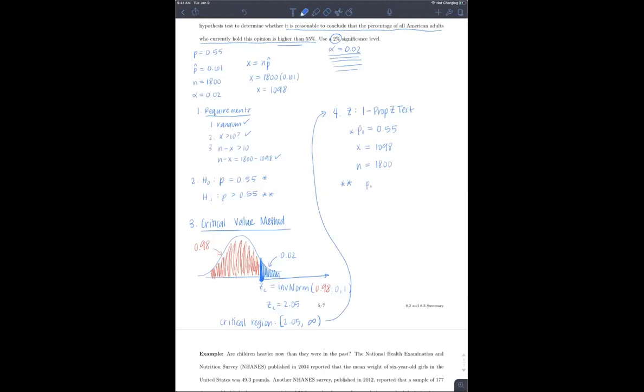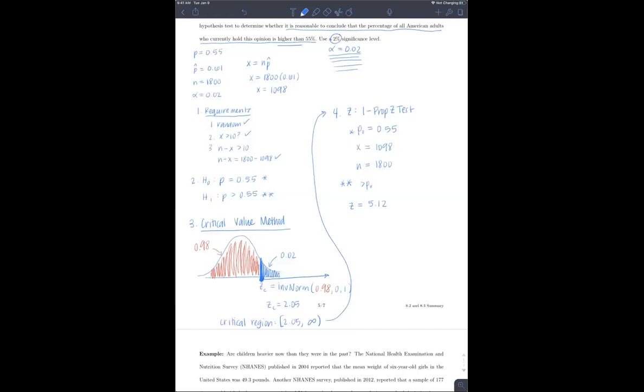And so what value of Z are you guys getting? 5.12.